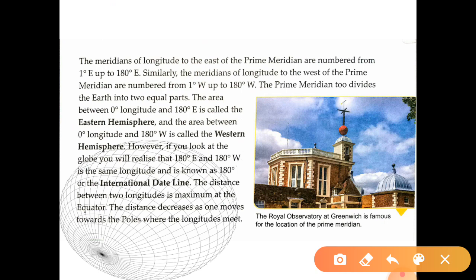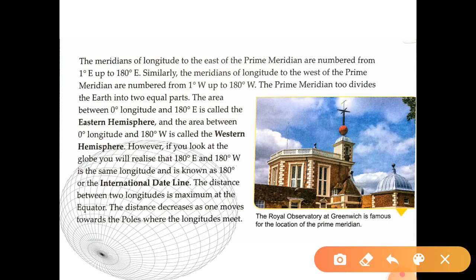However, if you look at the globe, you will realize that 180 degrees east and 180 degrees west are the same longitude. Which means 180 degrees west and 180 degrees east are the same meridian, which is known as 180 degrees or the International Date Line.